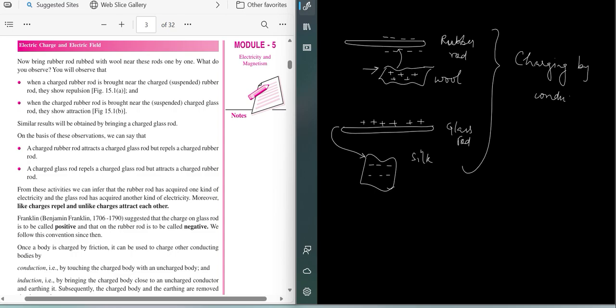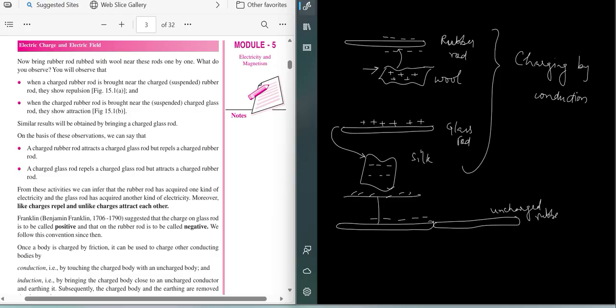And when a charged rubber rod, let us say this is a charged rubber rod, it has some negative charge and it is hung by a thread, when another rubber rod which is not charged is brought in contact with this, this is initially uncharged rubber rod, it is brought in contact, some of the charge of the charged rubber rod gets transferred here.